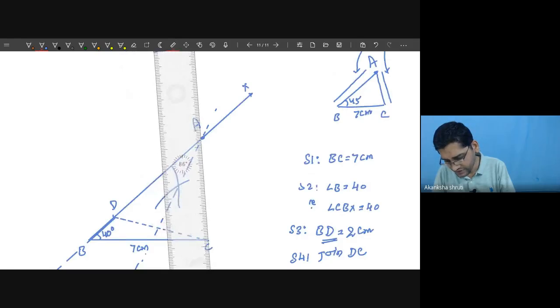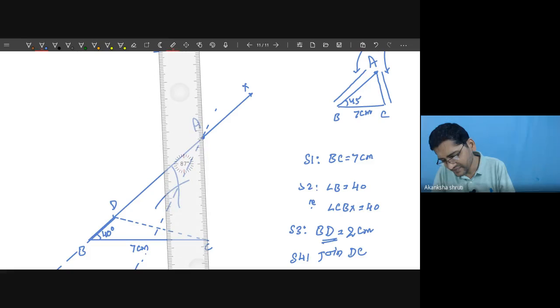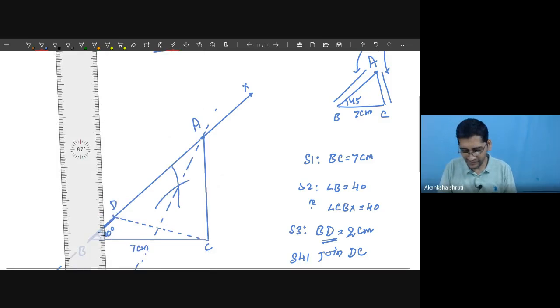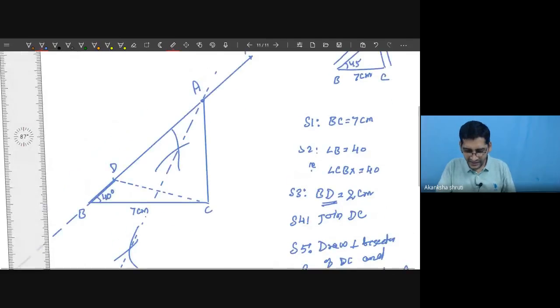So let me join A to C. Be careful. This way the triangle ABC is formed. Here the perpendicular bisector of CD is there. Therefore, the length AD is the same as AC.